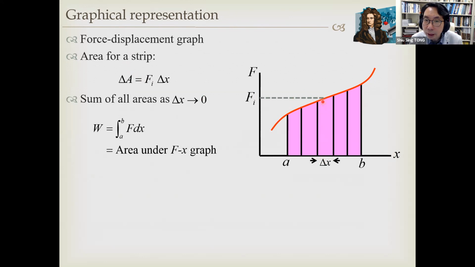And so Fi multiplied by delta x will be the area of this vertical strip. And if delta x tends to 0 in each step, then this will become the integral of F from a certain starting position a to a certain ending position b.